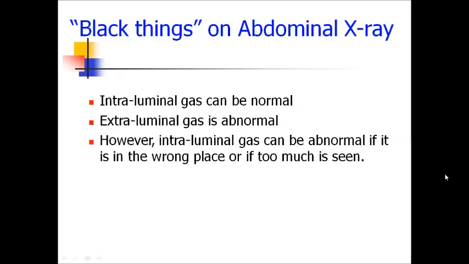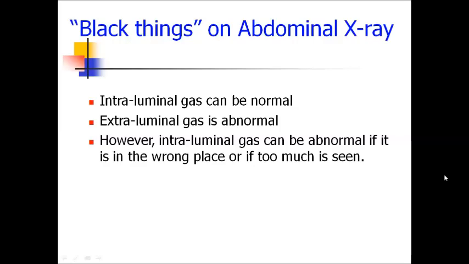Usually these are radiolucent structures, of course. First of all, it's air. And what can we say about the presence of air in the abdominal cavity? First point, intraluminal gas can be normal.